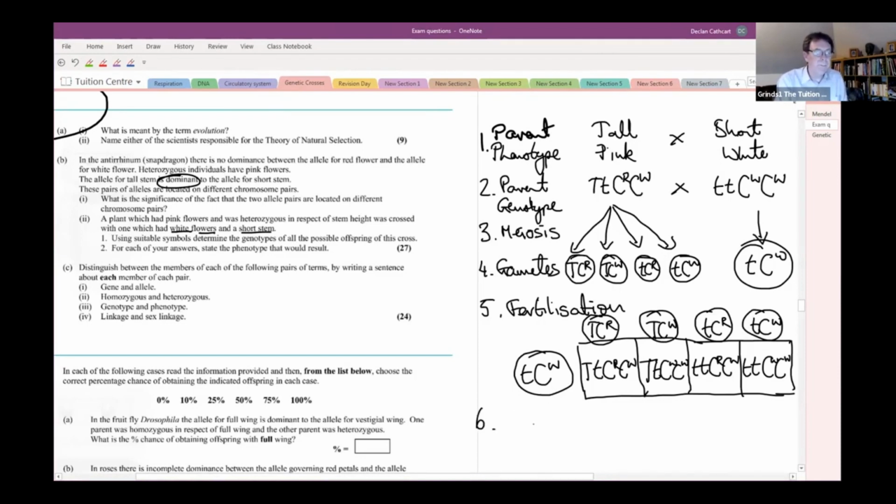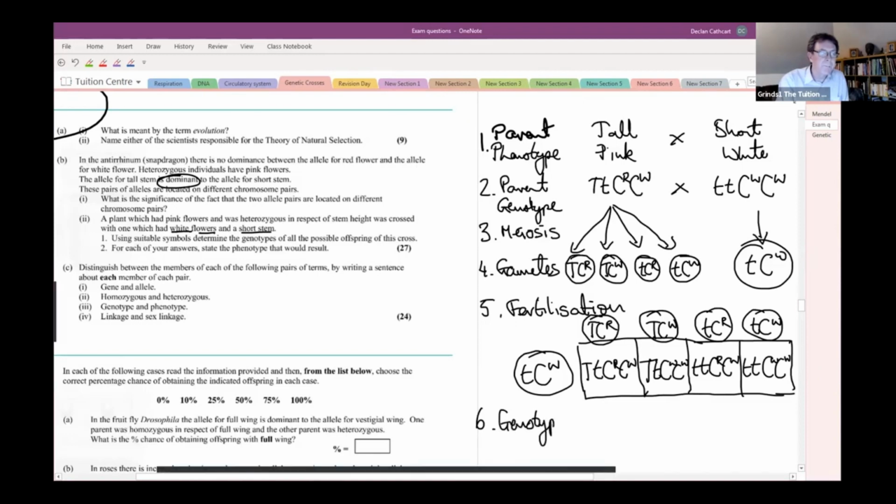And I know you've just listed them there, but my advice would be it's good practice to write down the list of the genotypes of the offspring as well.